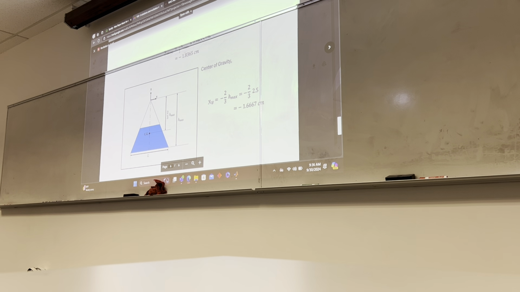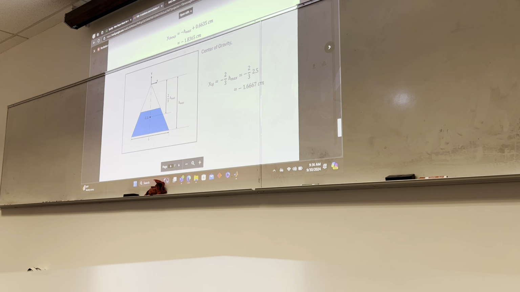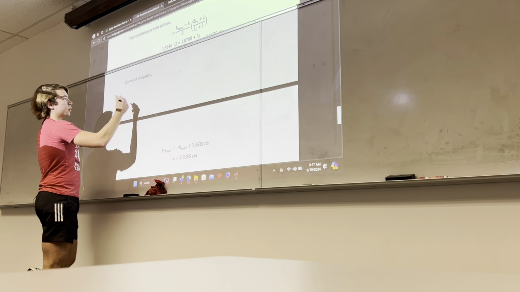Again, the center of buoyancy is negative H max. That formula we can find under our centroid too. You can prove it to yourself, but it's the centroid of the trapezoid. If I was on an exam and I really needed to find that centroid, this is how I would do it.